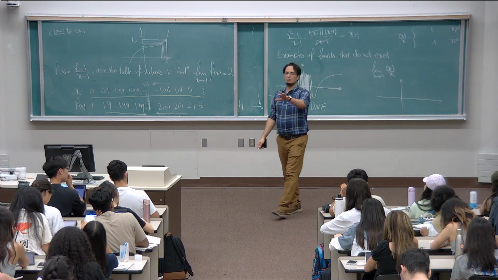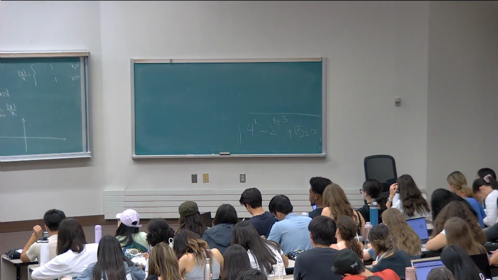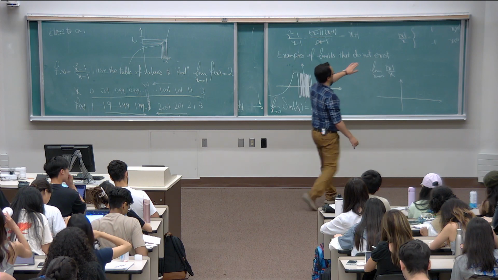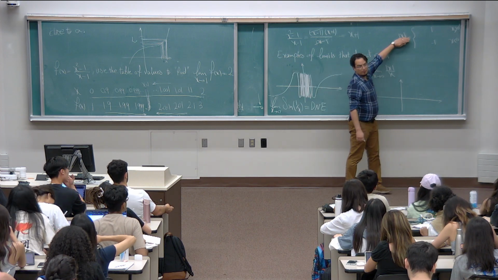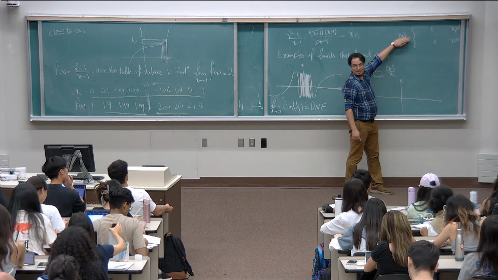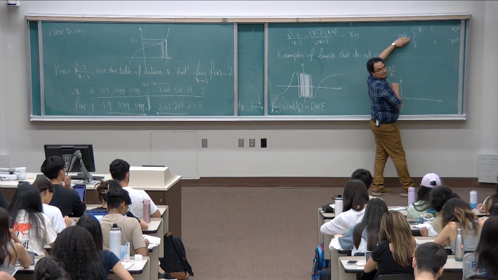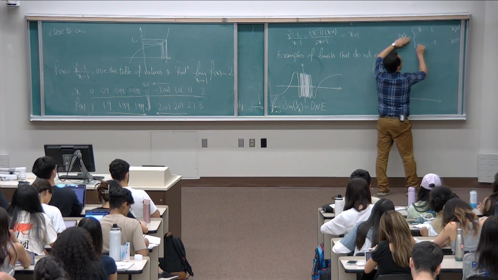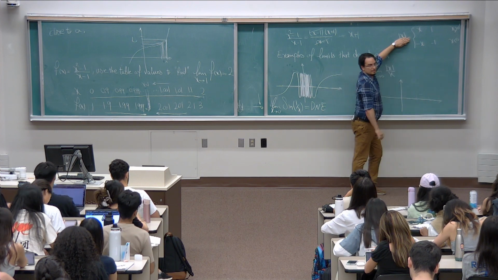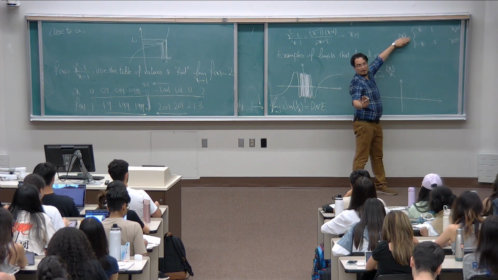Well, one way to see this is just to use the definition of absolute value. Absolute value is a piecewise defined function, yes? When x is positive, absolute value will give you x. And when x is negative, it will give you -x. That's the definition of absolute value.